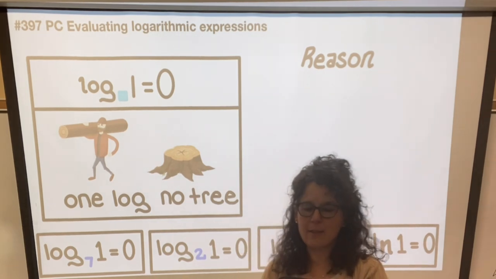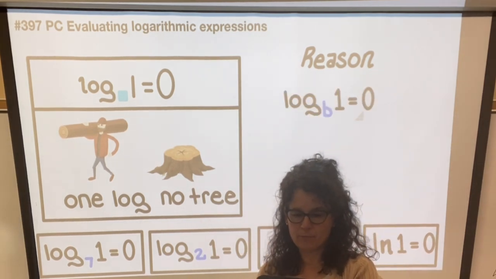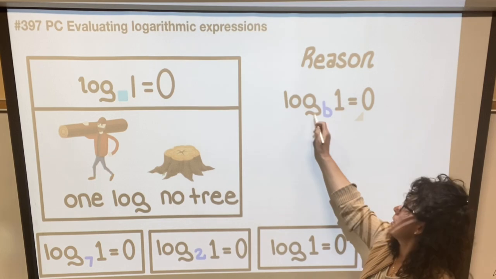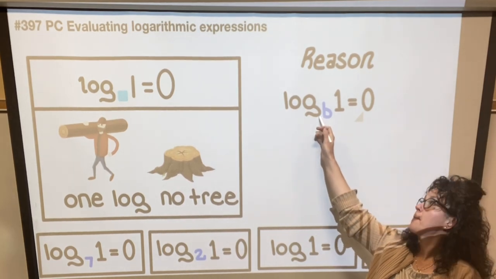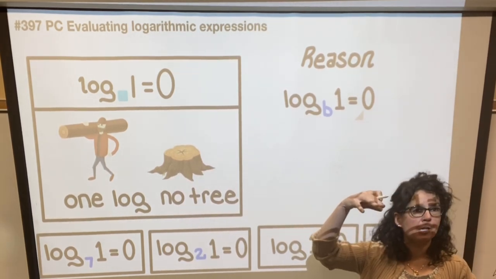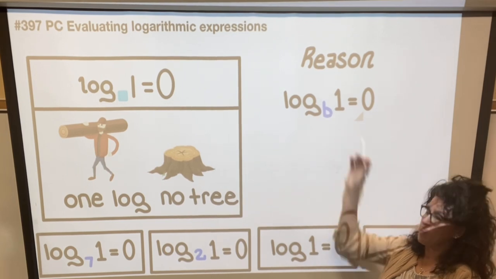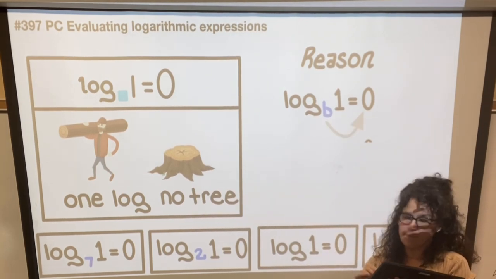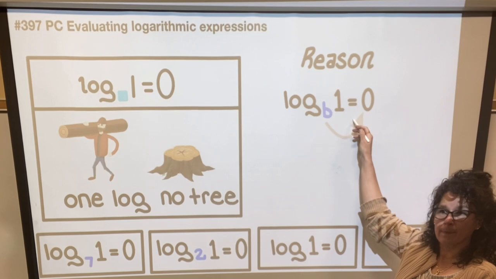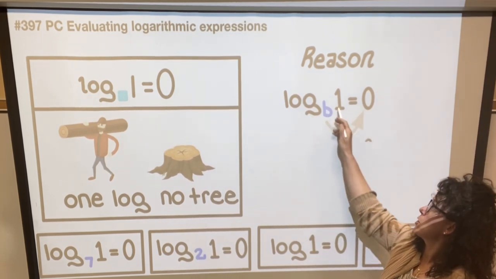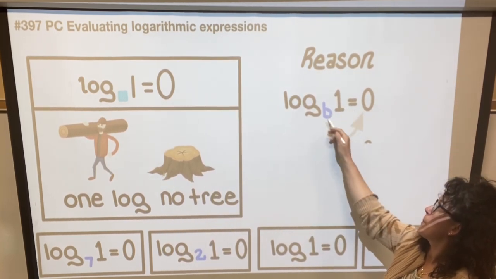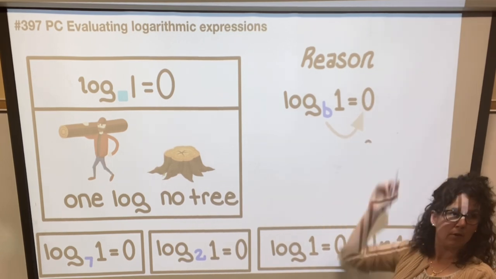Now the reason that that actually happens: I've got a logarithm no matter what the base. If we change to exponential form, remember this b right here tunnels under. So then the log falls in, so I have 1 equals b to the power of 0.